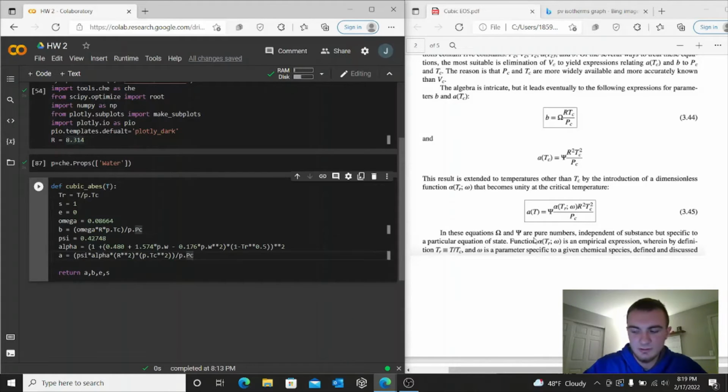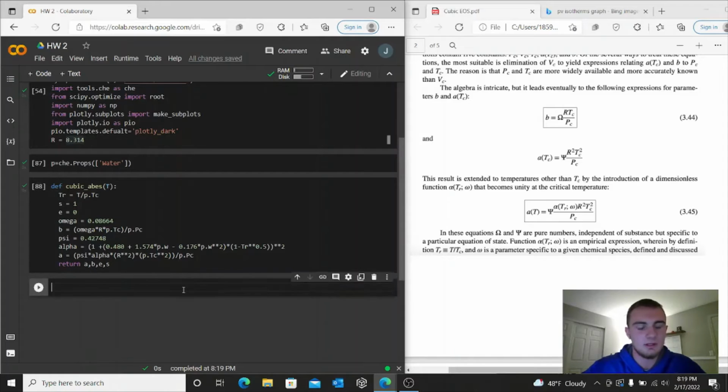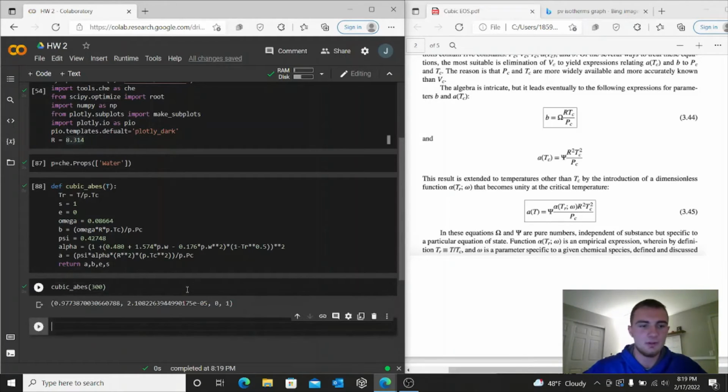Okay, so now we can press Shift Enter here. And we can write out our function, cubic ABES, to see if it works. We'll supply a value for temperature, so I'll just supply 300.